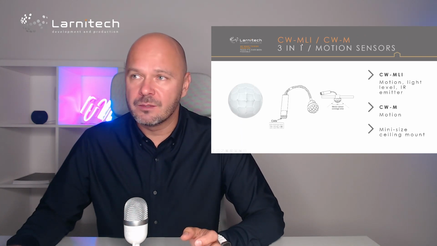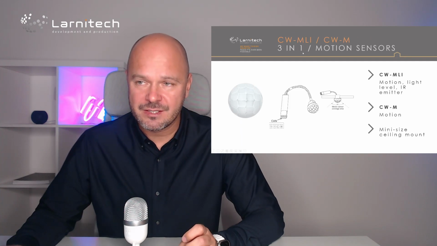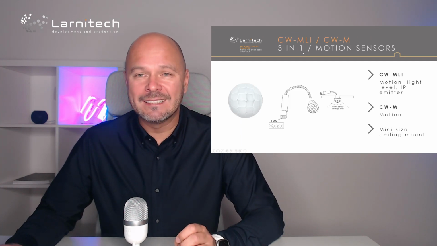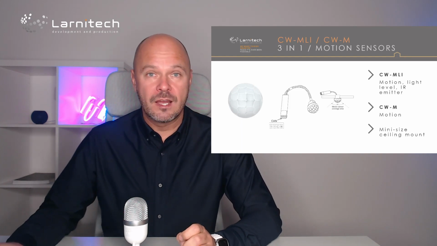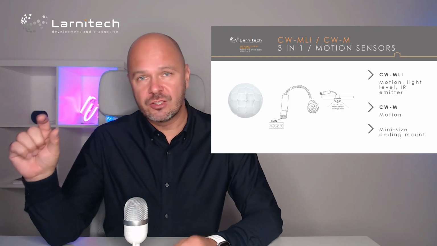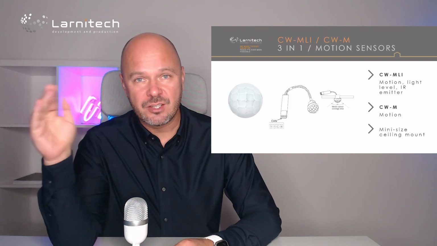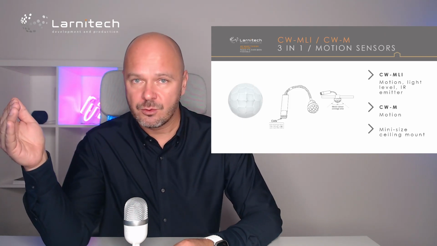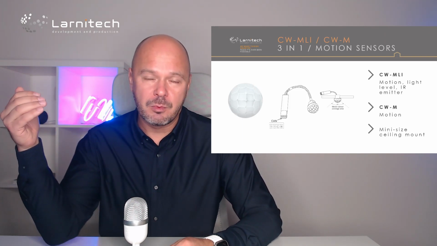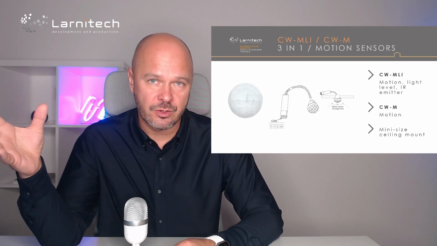So I think you understand what this means. Same as the previous sensor, it gives you an analog version of motion. So you don't just have information whether there is motion or not, it gives you a percentage of motion, like 15% of motion means that probably a cat is going in the room and you don't need to turn on the light.